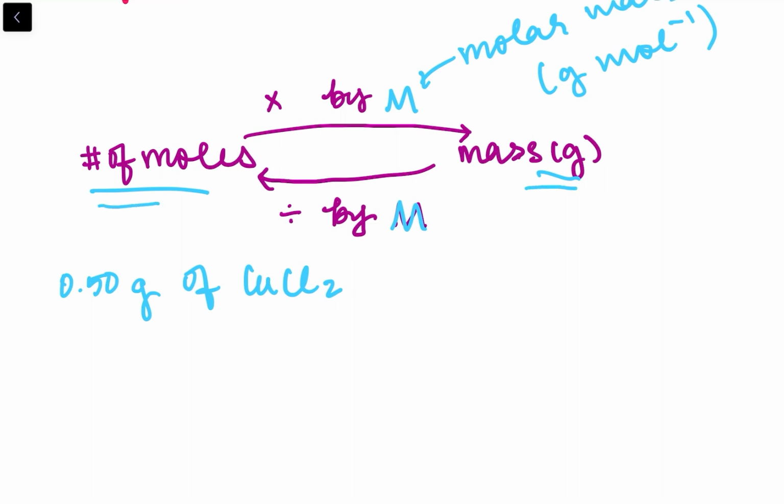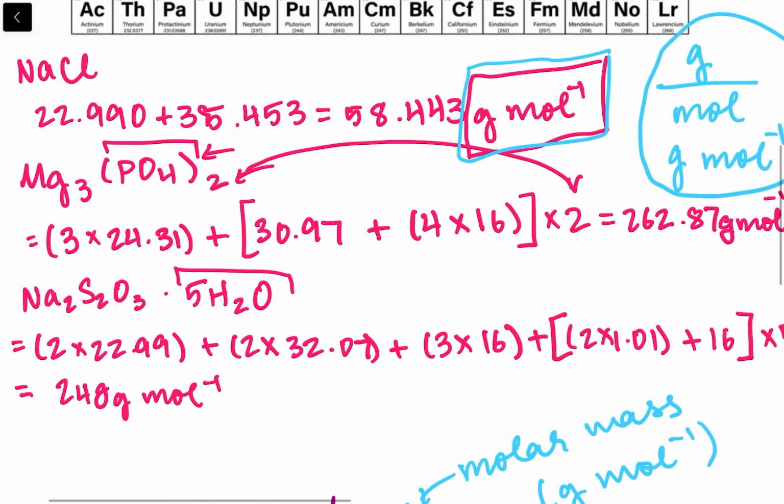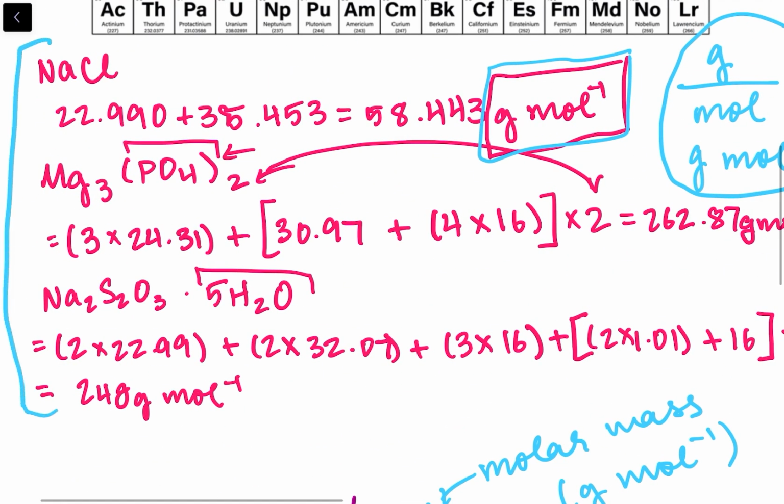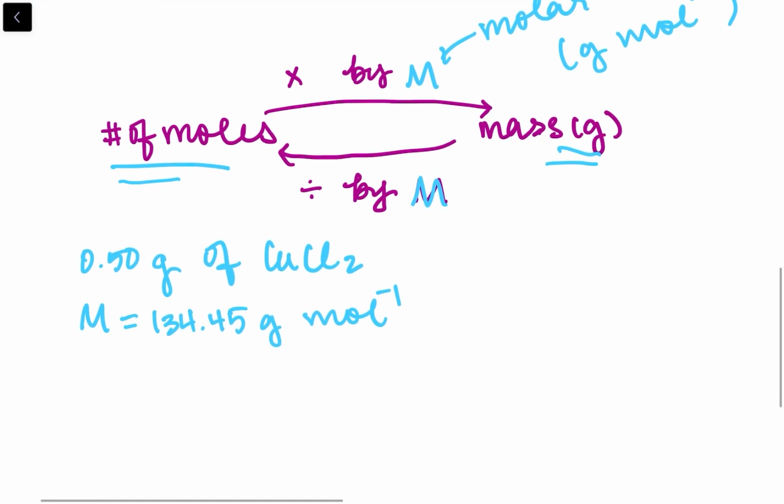Before we do that, we need to know our molar mass, which for CuCl2 is 134.45 grams per mole. How did I get this molar mass? I did the same process like we did up here. Okay, so we're going from grams to moles, so we divide by M.